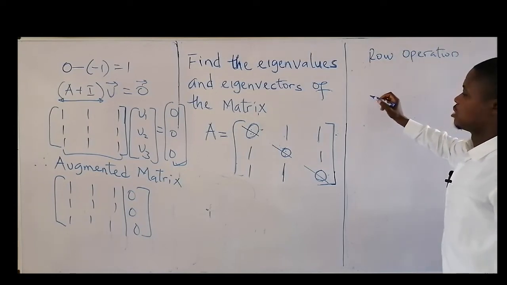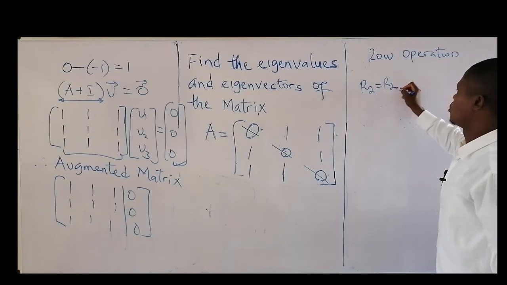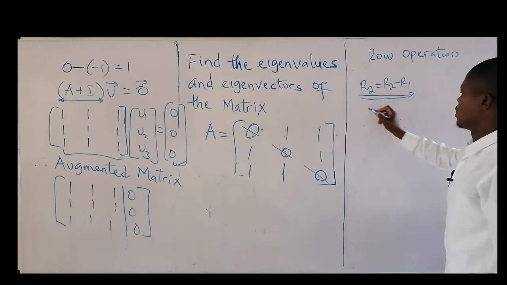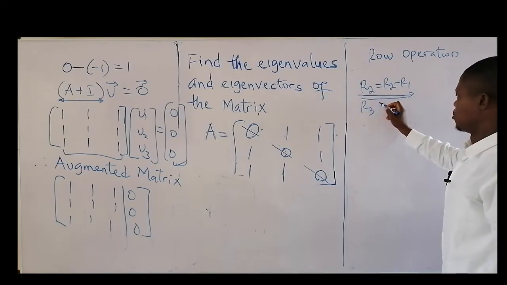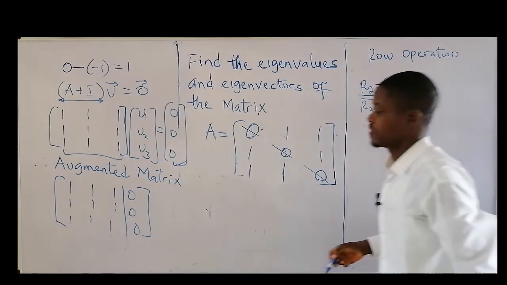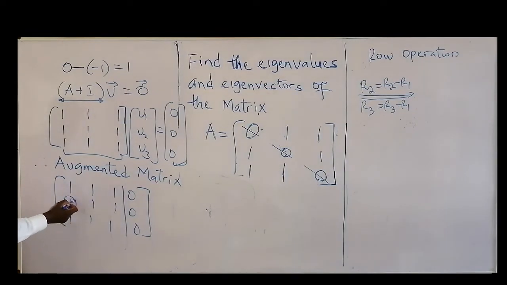Row 2 is equal to row 2 minus row 1, and row 3 is row 3 minus row 1. What we want to achieve is to have the first element of the second row to be 0, and the first element of the third row to be 0. That's our target.